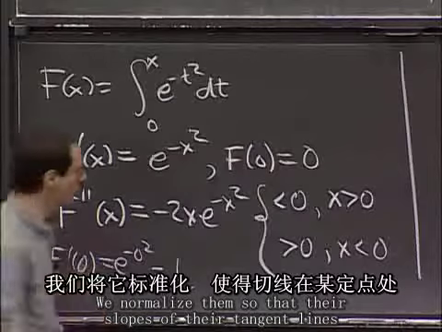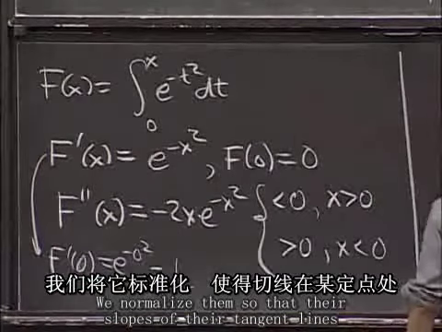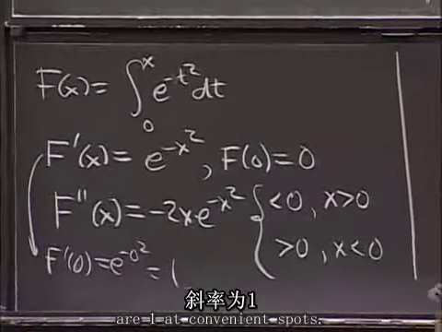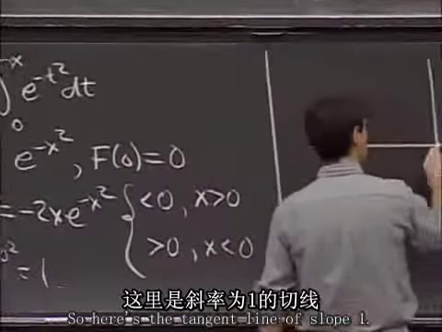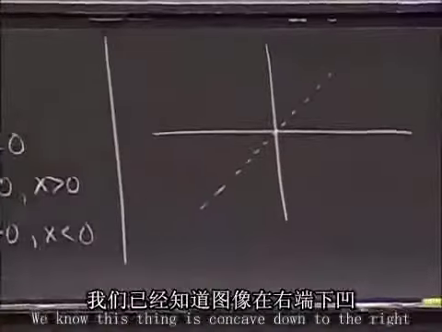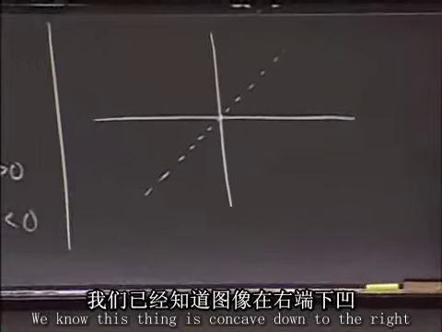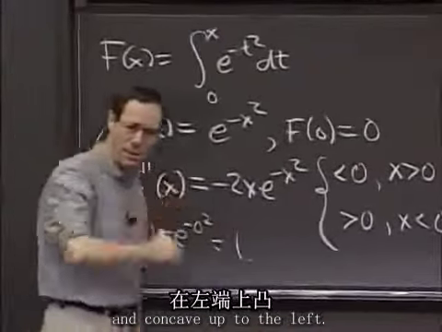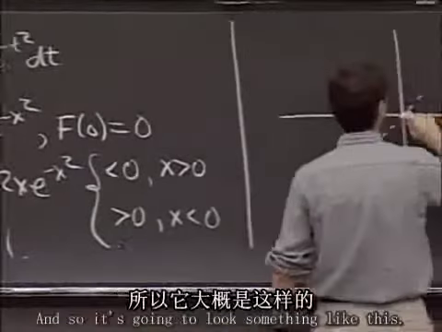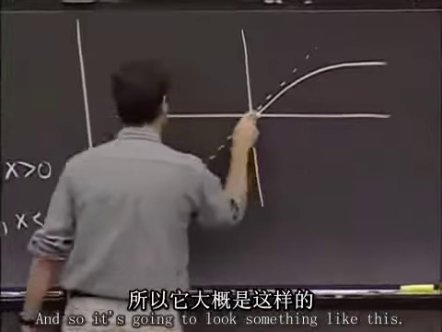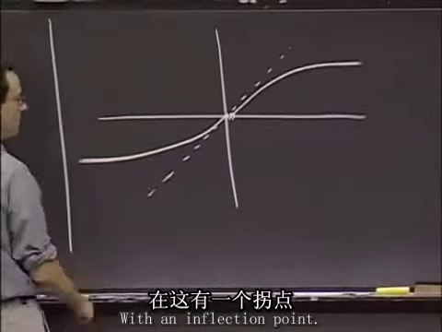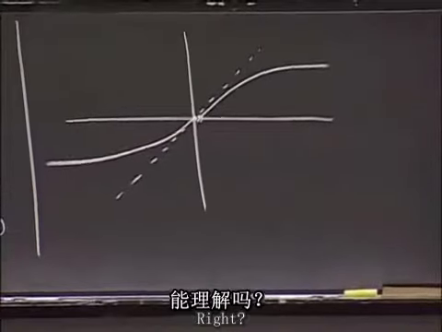We normalize them so that the slopes of their tangent lines are 1 at convenient spots. So here's the tangent line of slope 1. We know this thing is concave down to the right and concave up to the left. And so it's going to look something like this with an inflection point.